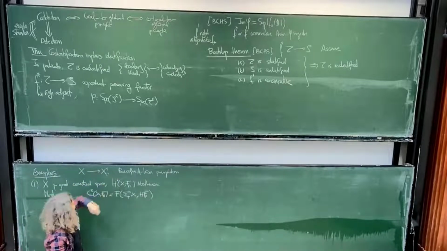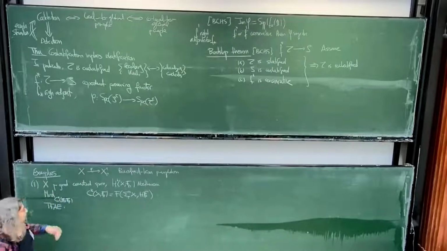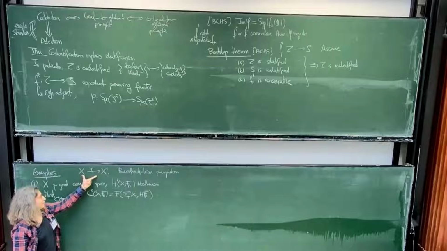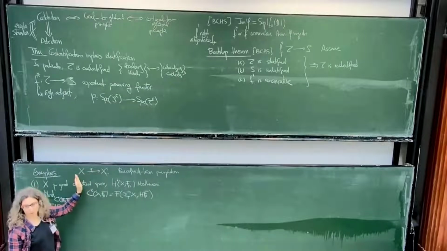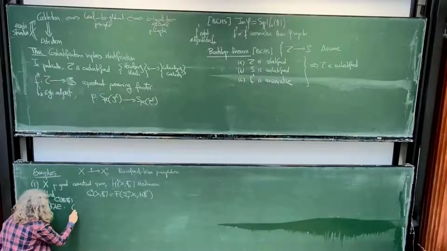And P-good means that X comes with a map to its P-completion which is a mod P homology isomorphism, that when you P-complete, you don't change the mod P homology. And then it's P-flat. So the following are equivalent.